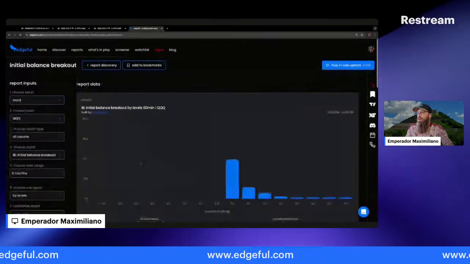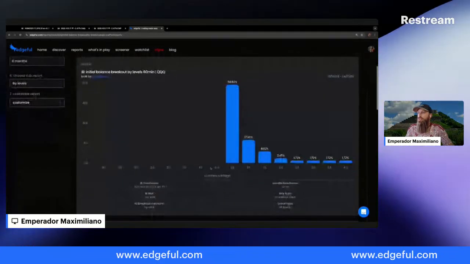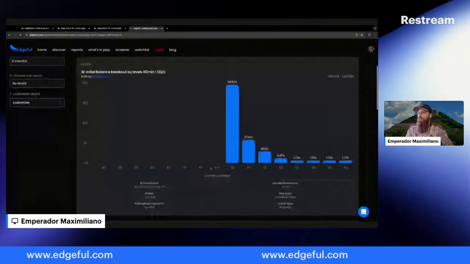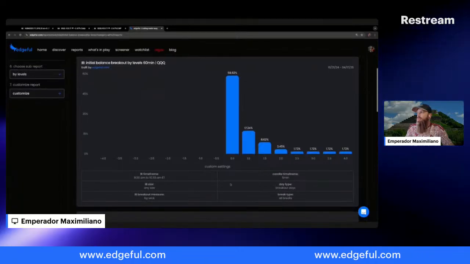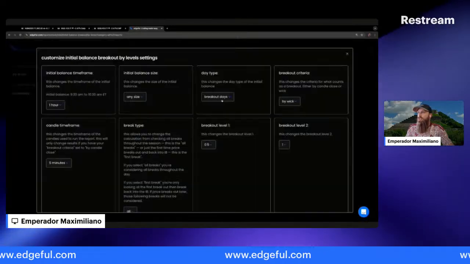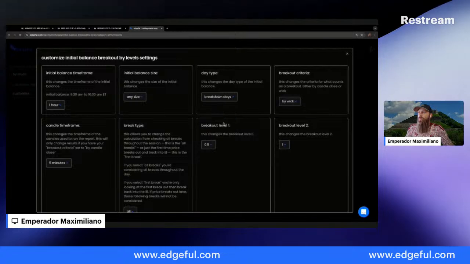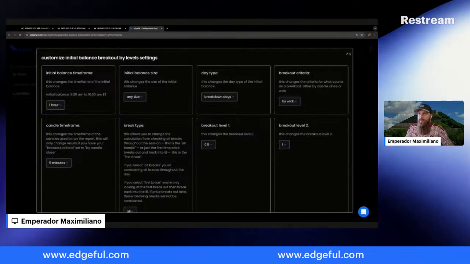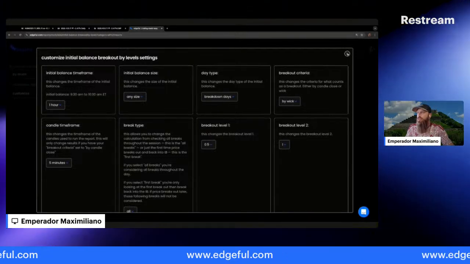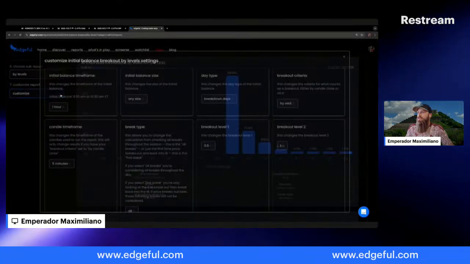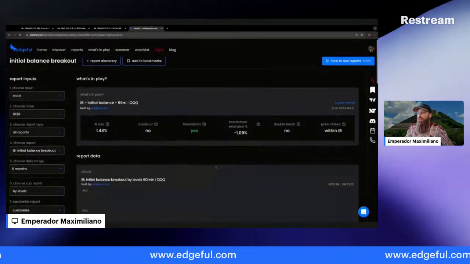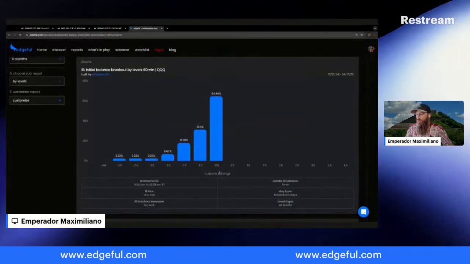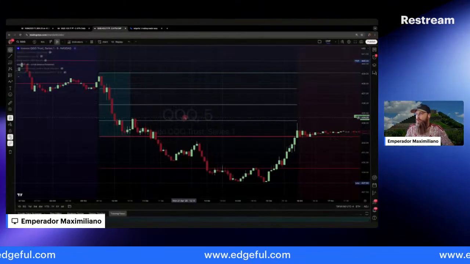It's got to be by the levels here. This is only showing me breakout though. Oh, here we go. I'm going to go to breakdown days. All right, I figured it out. I was like, why is it not showing me the other half of my data? Let me go down here and save. All right, so what does this one do? There's a little bonus piece for you.